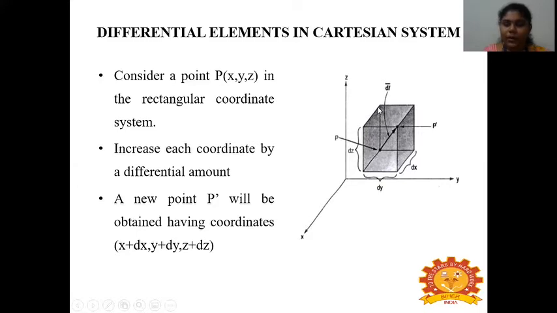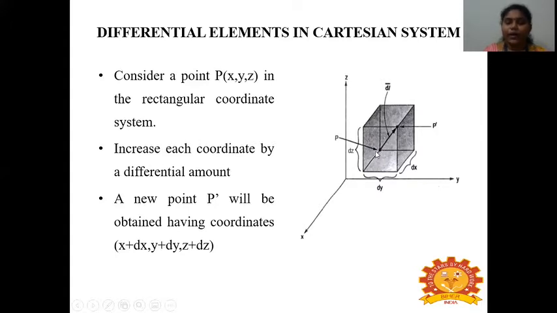Suppose your point lies here, then there will be a change in the z-axis alone, and your x-axis and y-axis will remain constant. So that's why we cannot consider the new point P dash at the corners of your old point P. We have to consider the new point P dash to be diagonal to the point.